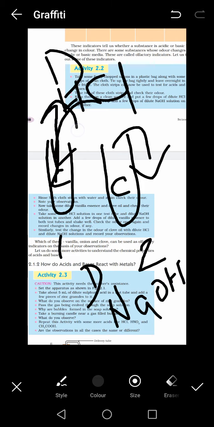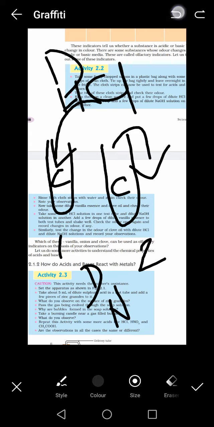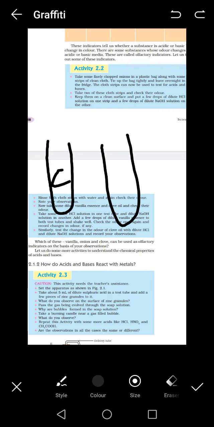In the first test tube we observe that the smell becomes different, and in the second test tube the smell is different from the first test tube. So we can conclude that clove oil also reacts like vanilla essence.